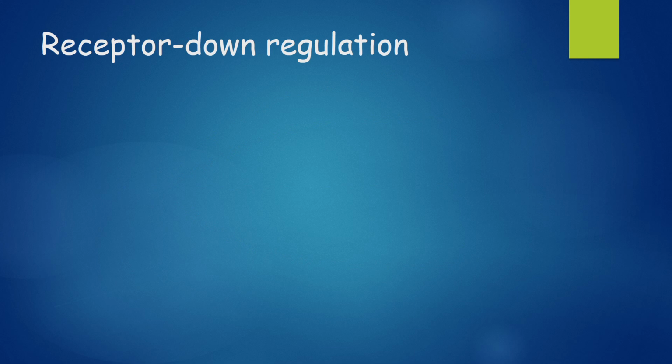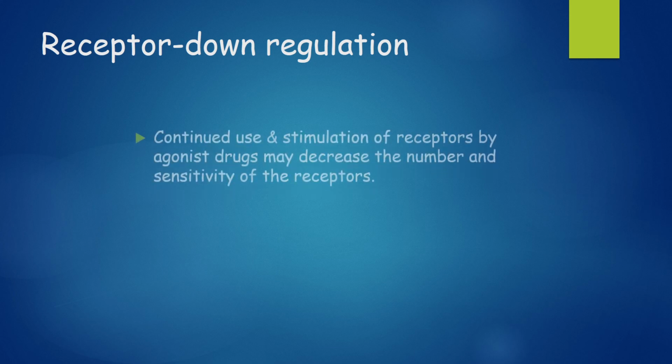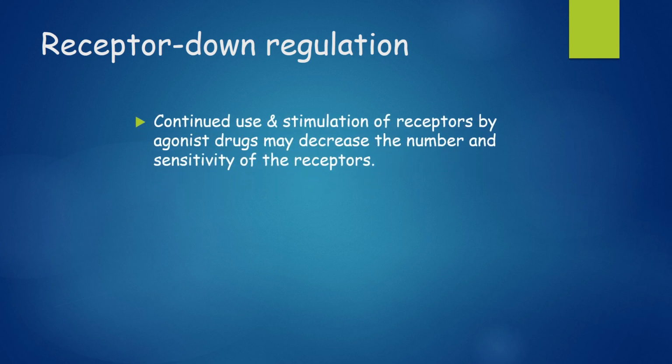Now a few more terms about the receptor and drugs. One is receptor down regulation. Continued use and stimulation of a receptor by agonistic drug may decrease the number and sensitivity of the receptors.